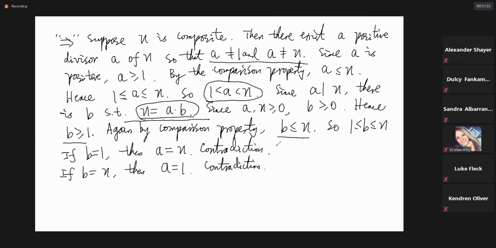So therefore, this implies b is not equal to 1, and b is not equal to n. Now, because b is between 1 and n, but b is not equal to 1 and not equal to n, therefore we have b is strictly between 1 and n.